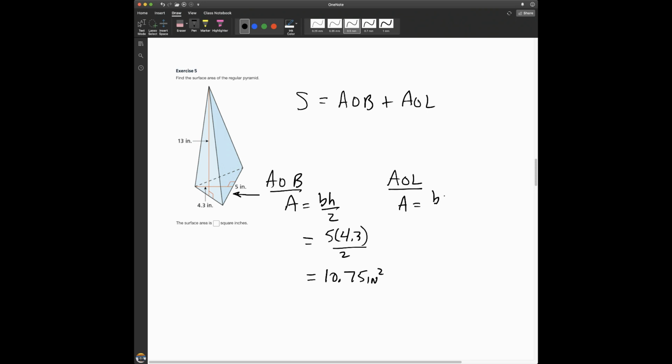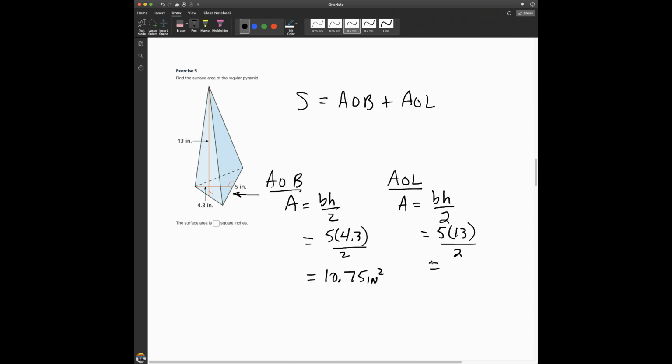And then the area of the lateral faces, let me find the area of one of the lateral faces and multiply it by 3. Whoops, that's not the formula. I had 3 in my head and messed that up. All right. So there's the formula for the area of a triangle. And in this case, the base is 5, the height is 13, and I divide by 2.